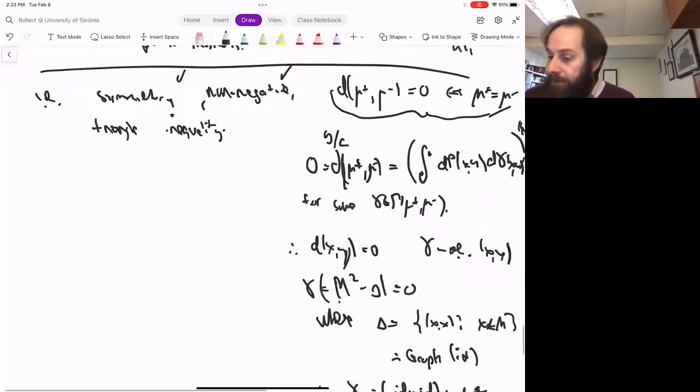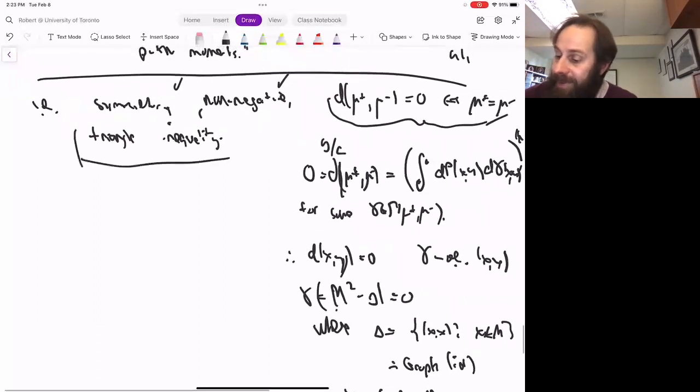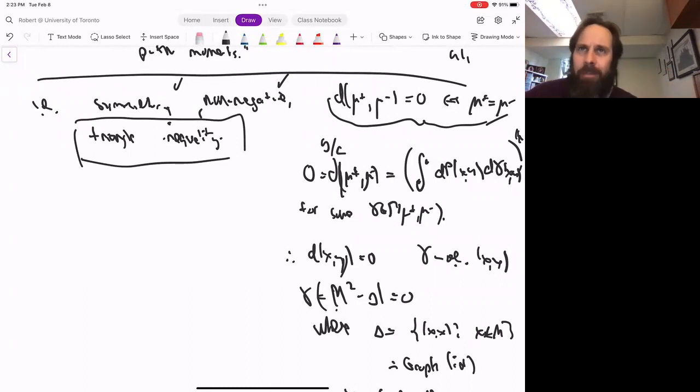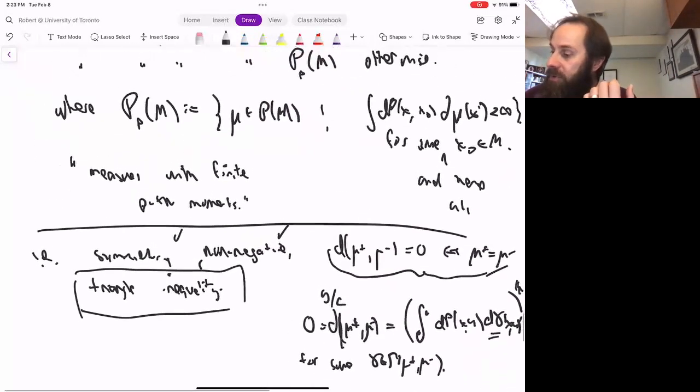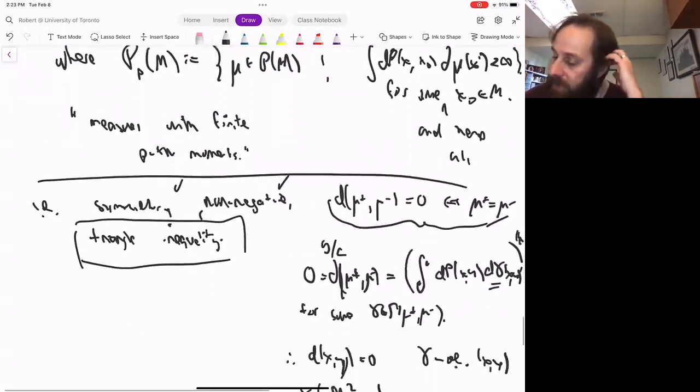Okay, so everything was straightforward except the triangle inequality. To show the triangle inequality, I'm just going to think about compact spaces so I don't have to worry about the existence of minimizing gamma and so on, which otherwise I would need to use this finite moment condition to deduce.